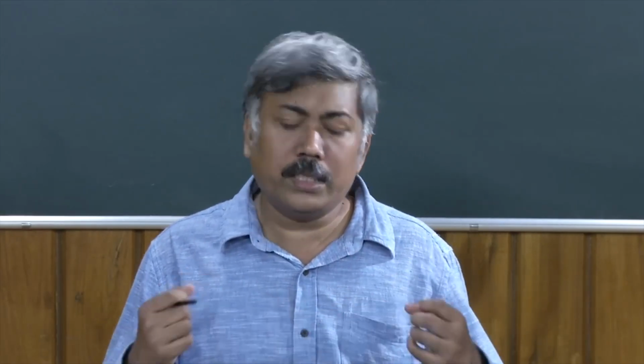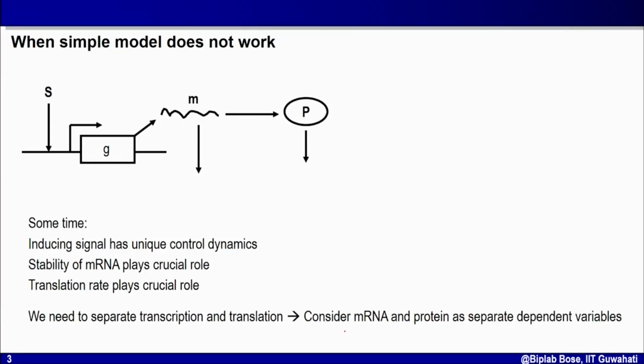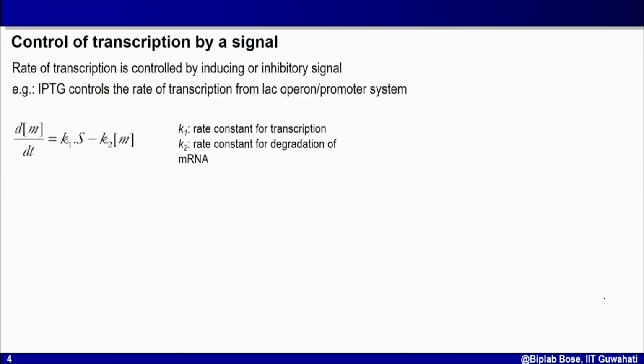If I separate them out, I will consider mRNA and protein as separate dependent variables. So I will write one ODE for mRNA and one ODE for the protein. Let us try to do that.